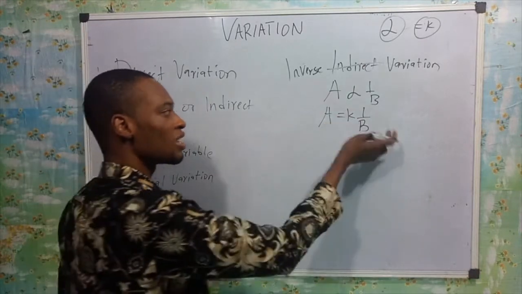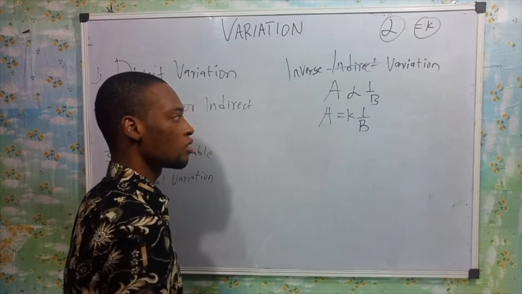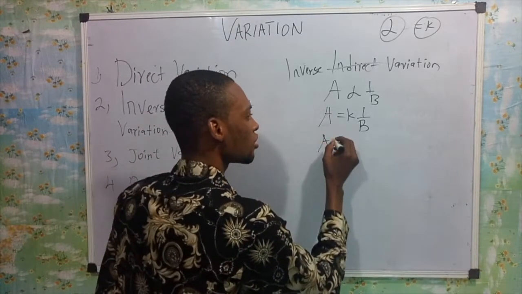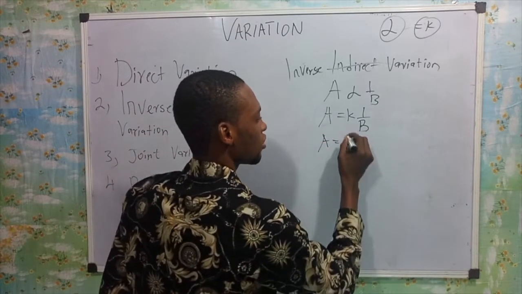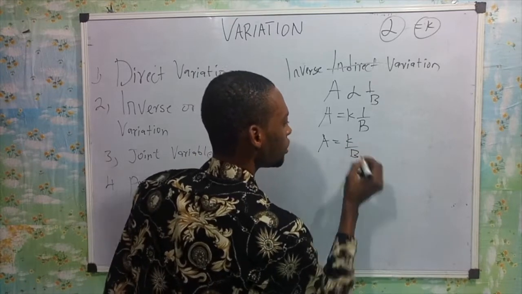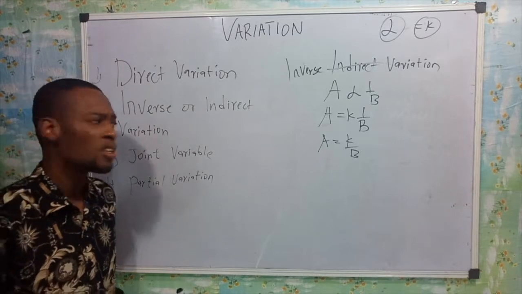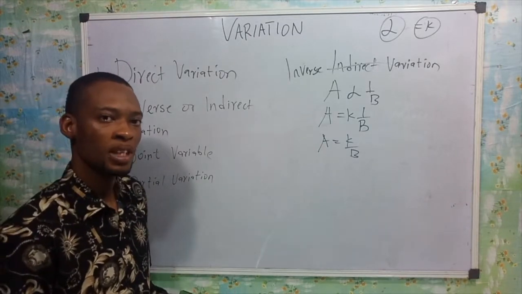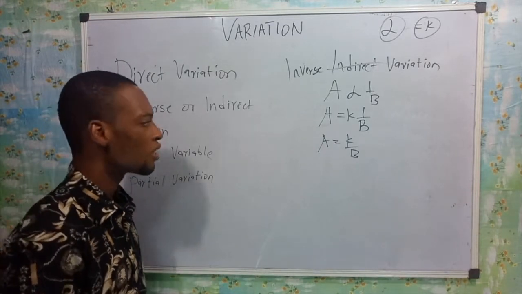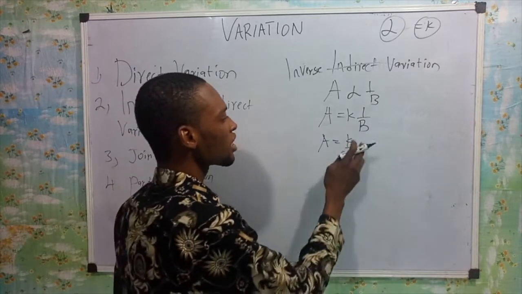So K times 1 is K. So it's the same thing as saying A equals K over B. That is it. And while solving, your next step, like we did in the first one, is to make K the subject of the formula.